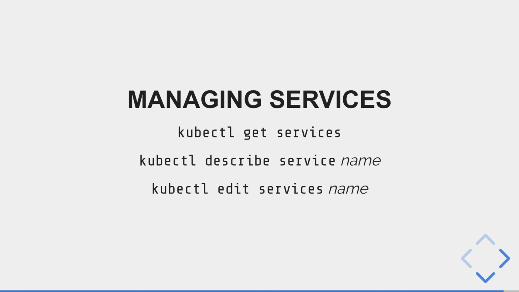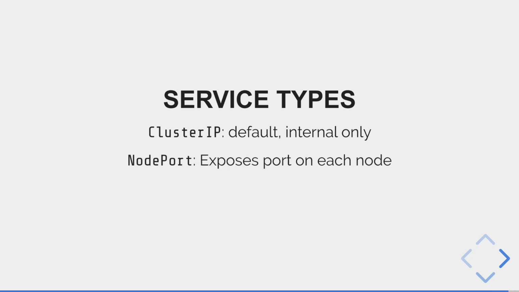Awesome. Now, another thing is that services also have multiple service types underneath the covers. The default is called ClusterIP. It's for internal traffic only. It doesn't leave the cluster. There's another one called NodePort, which exposes the same non-deterministically numbered port on every individual node in the Kubernetes cluster.